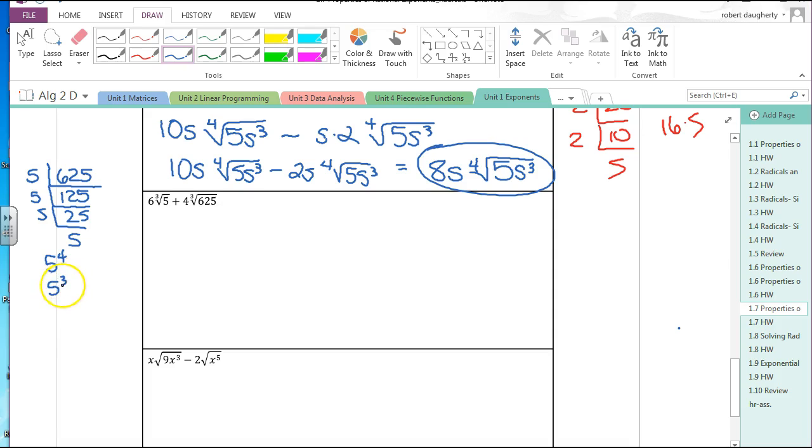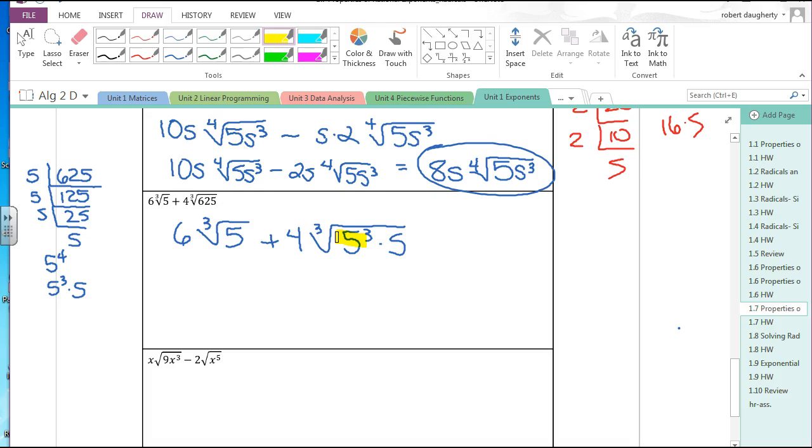Yeah, 5 cubed times 5. So I've got 6 times the cube root of 5 plus 4 times the cube root of 5 cubed times 5.